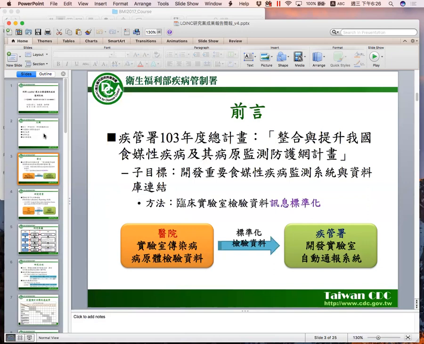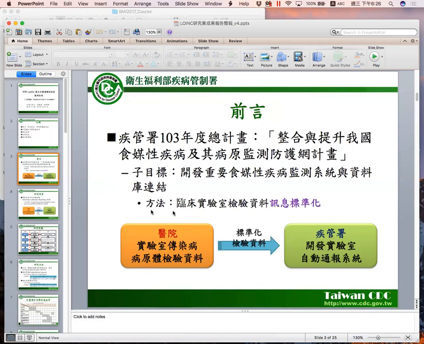In the first year, we include 20 hospitals, and to each hospital we give 1.5 million NT dollars to help them develop a reporting system to connect their laboratory system to the government hospital.